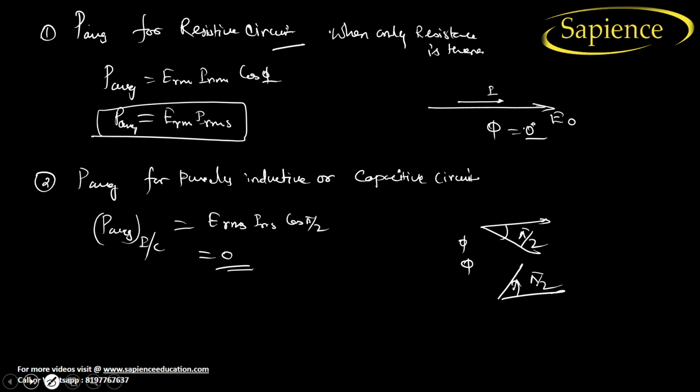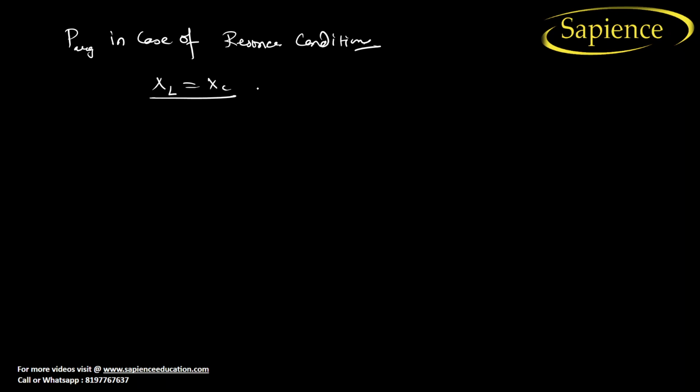Now, next case is average power in case of resonance conditions. In the resonating condition we have earlier seen that XL is equal to XC, right?